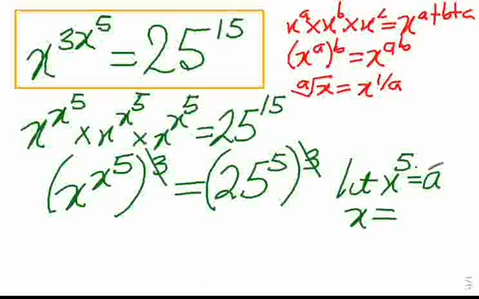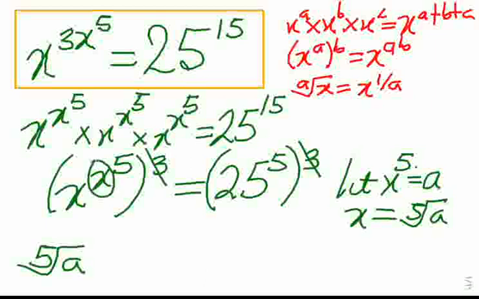And you get a raised to power 1 over 5, which is the same as the 5th root of a. So I made x the subject of the formula from there.